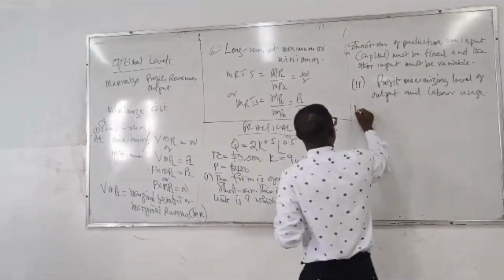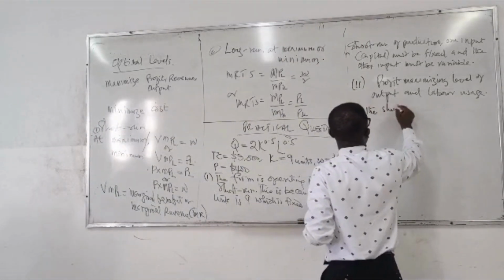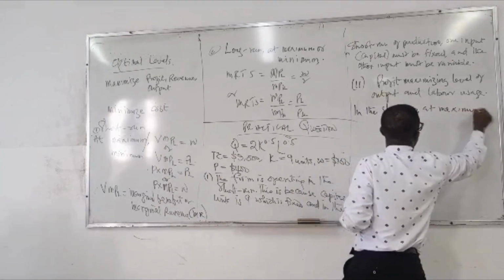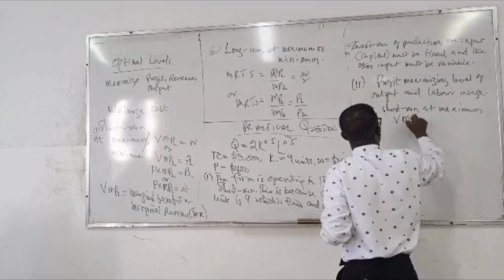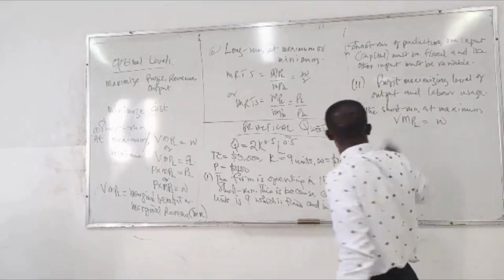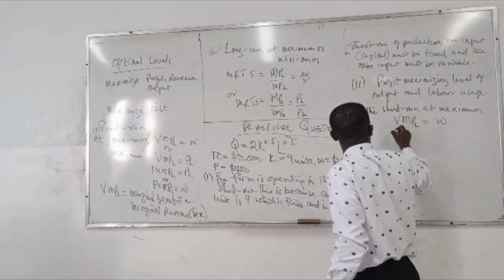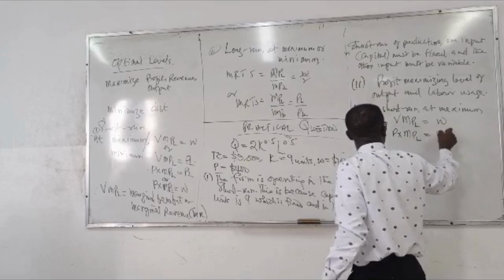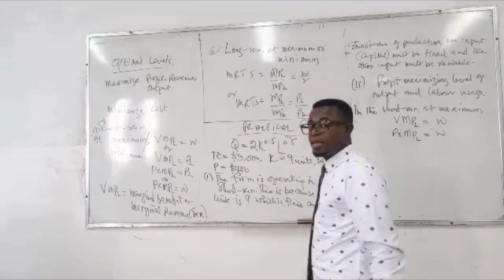So we say in the short run, at maximum, the value of marginal product of labor equals the wage, where the value of marginal product of labor is the same as the price times the marginal product of labor, equals the wage. Right?